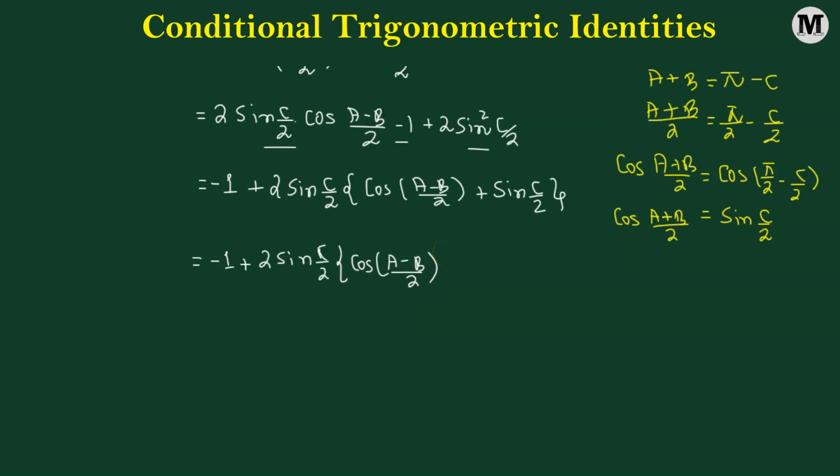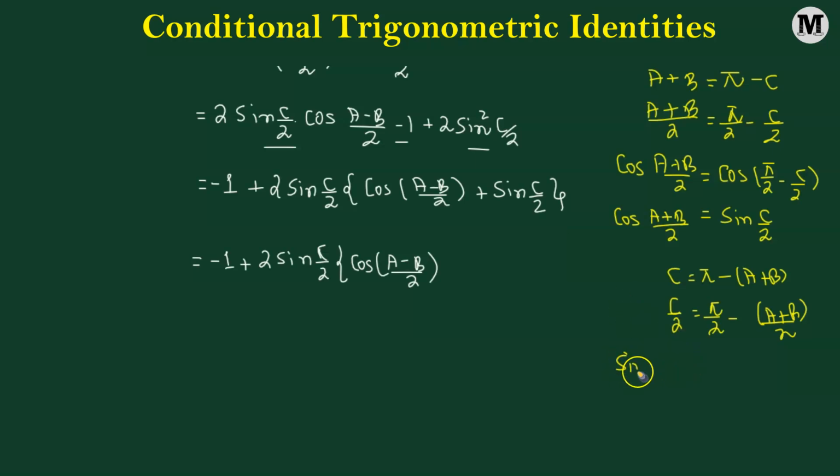Again, we use the given condition, that means A plus B plus C equals pi, so we can represent C as pi minus (A plus B). If we divide both sides by 2, we get C over 2 equals pi over 2 minus (A plus B) over 2. Since we need sine C over 2, we take the sine on both sides.